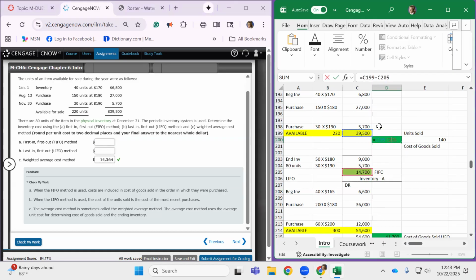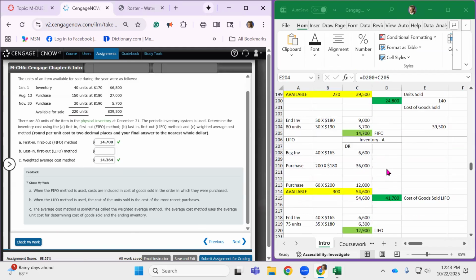Okay. And if you add up these two items, do they add up to the same amount? I like to double check. So let me add these two. This is my verification. Yes, they do. So I'm pretty confident that this is our ending inventory for FIFO. Okay, ending inventory for FIFO.